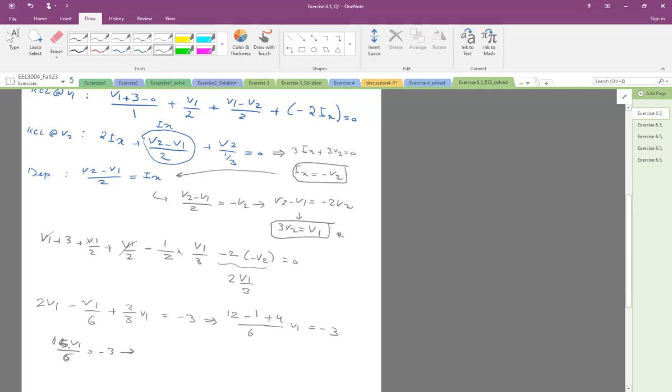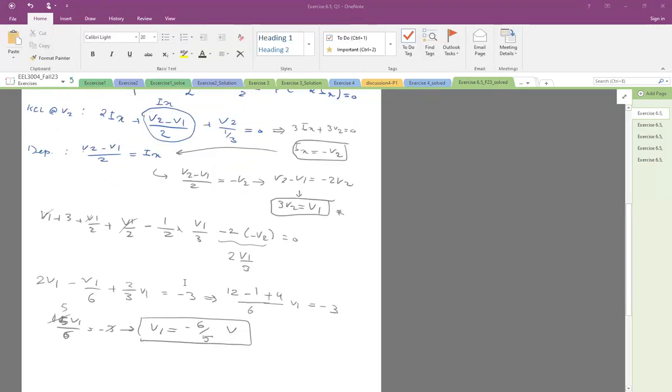So v1 is equal to minus 6 over 5 volts. Okay, so we got v1.